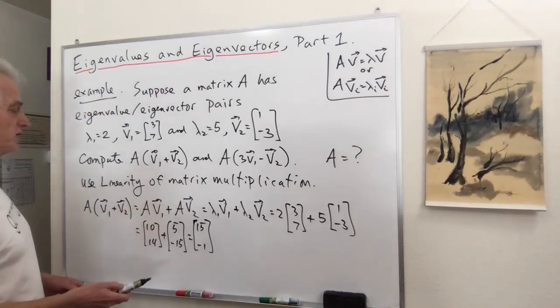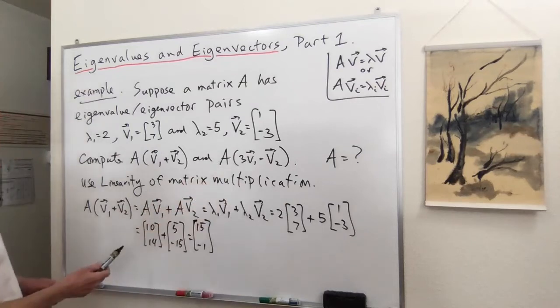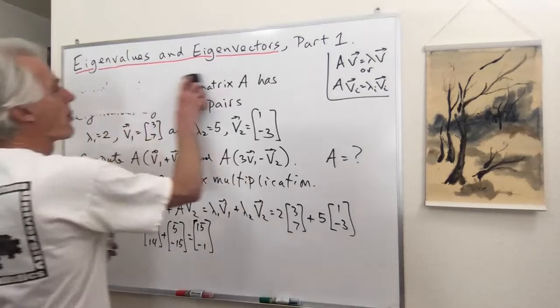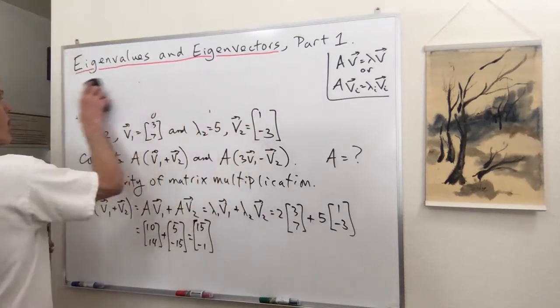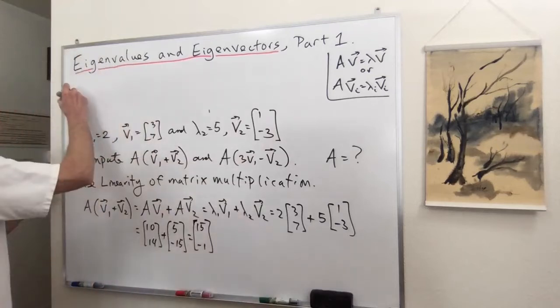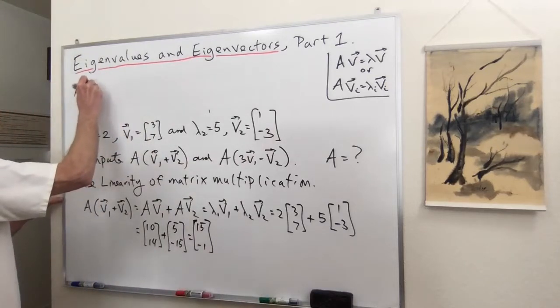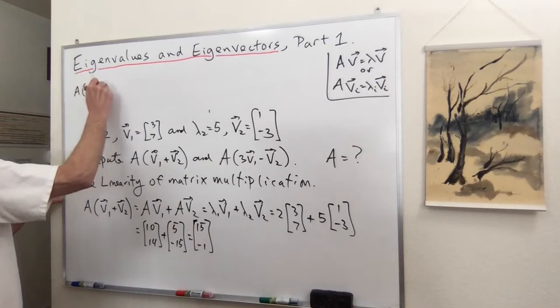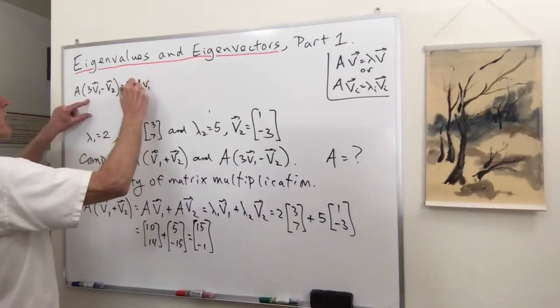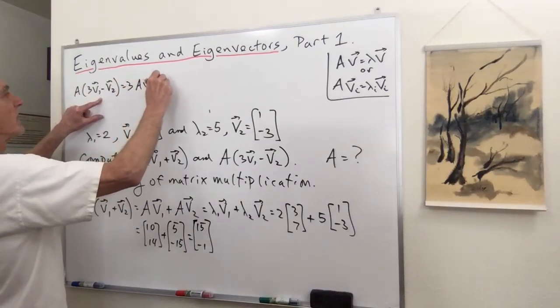Now, let's do something similar with A times (3V1 minus V2). It is going to be 3 times AV1 minus AV2.